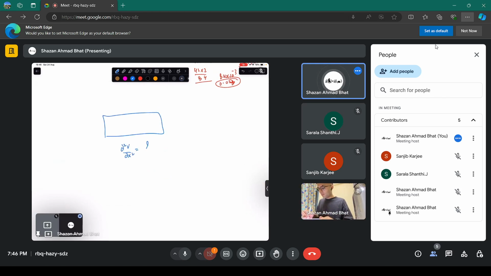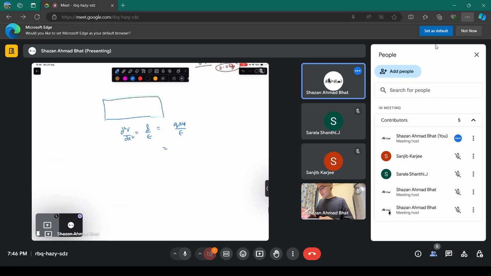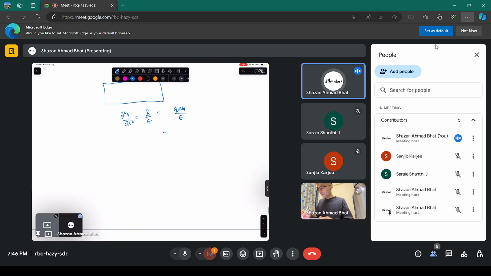Those who do device modeling, they solve this type of equation. This is the Poisson equation in terms of q and epsilon. And this is q by epsilon, 1 plus e to the power qv by kt. You need to solve this particular equation.